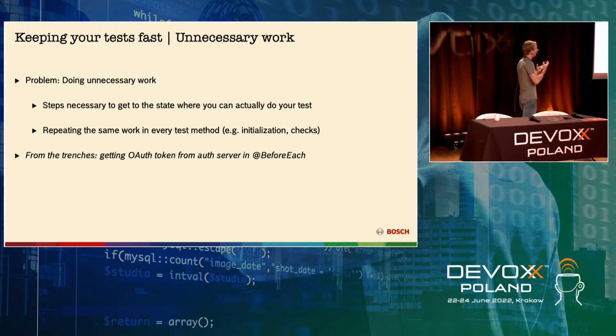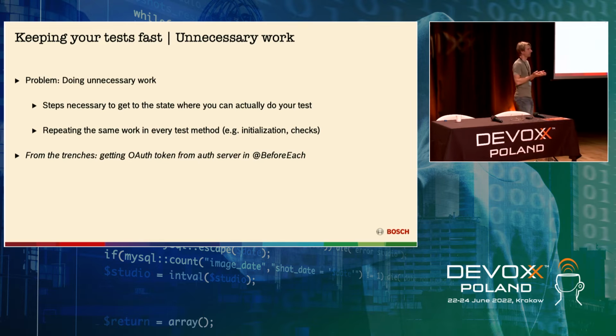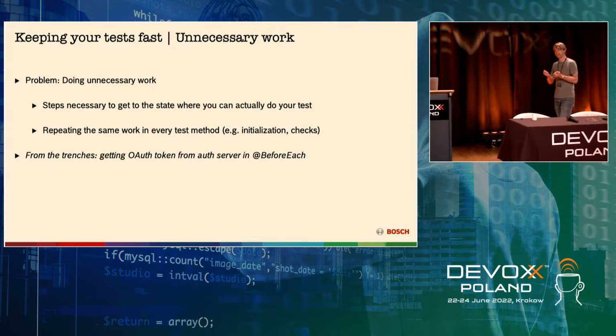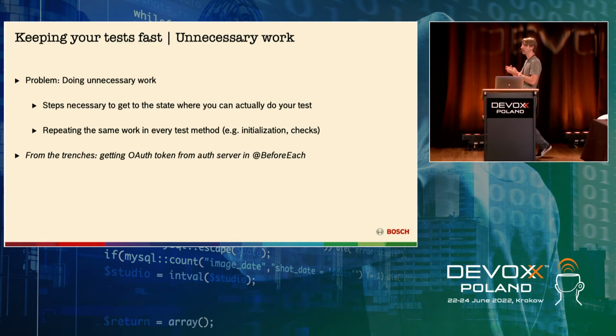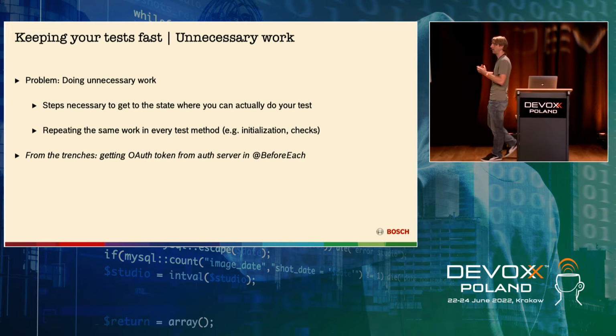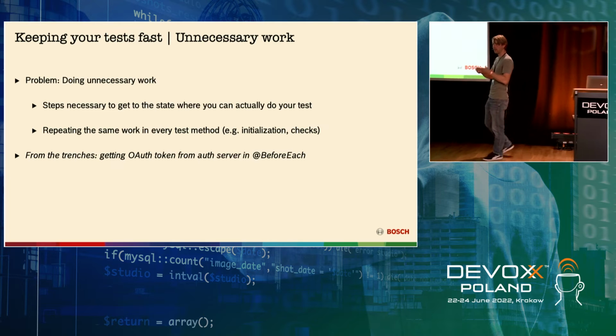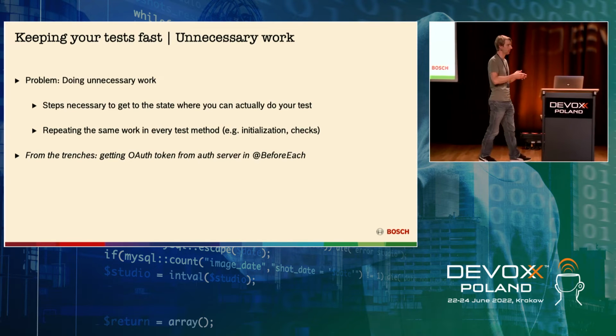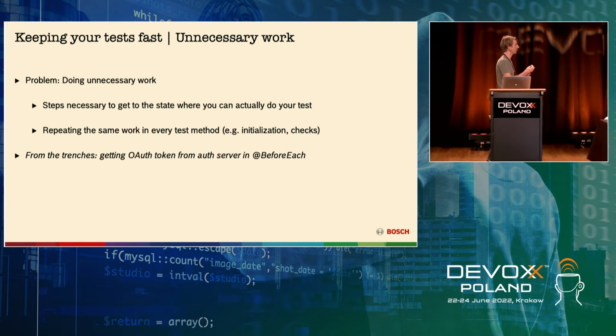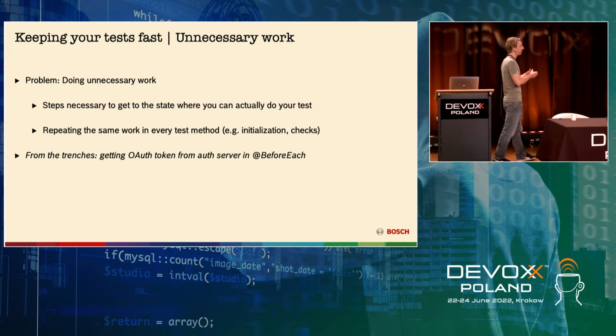Why does it happen sometimes? Well, in order to test something, we might need to get the system into an initial state. For example, you might need to populate a database with certain data, or you need to go through certain steps, and that might take time.